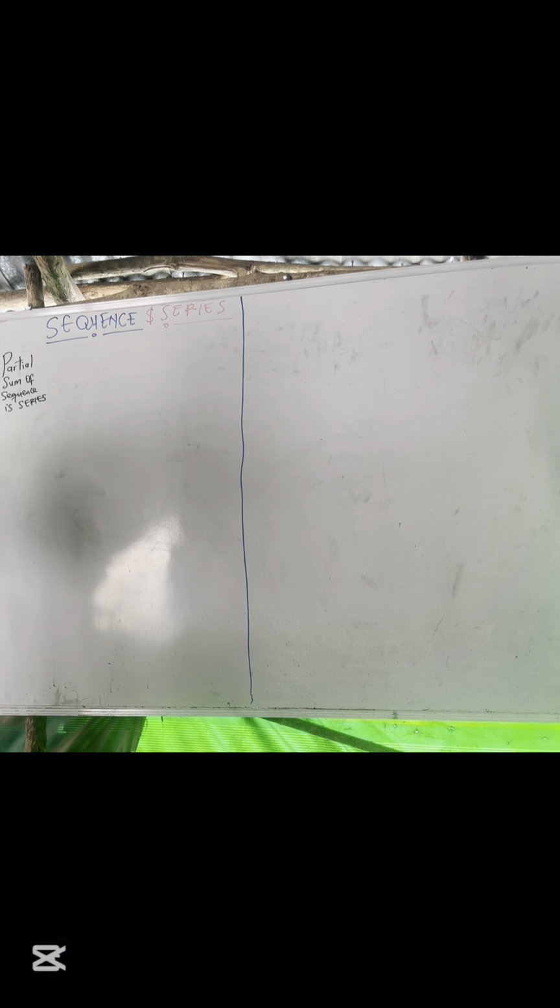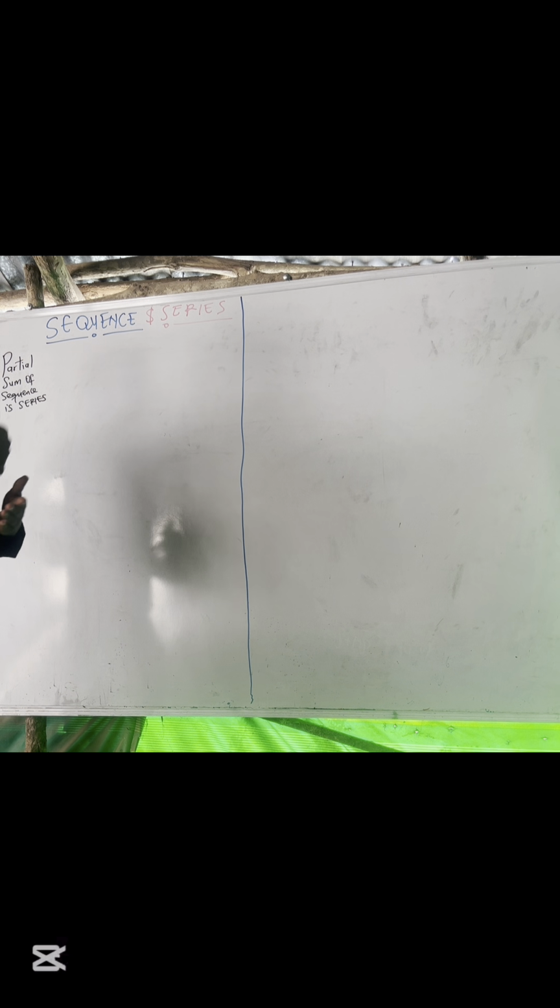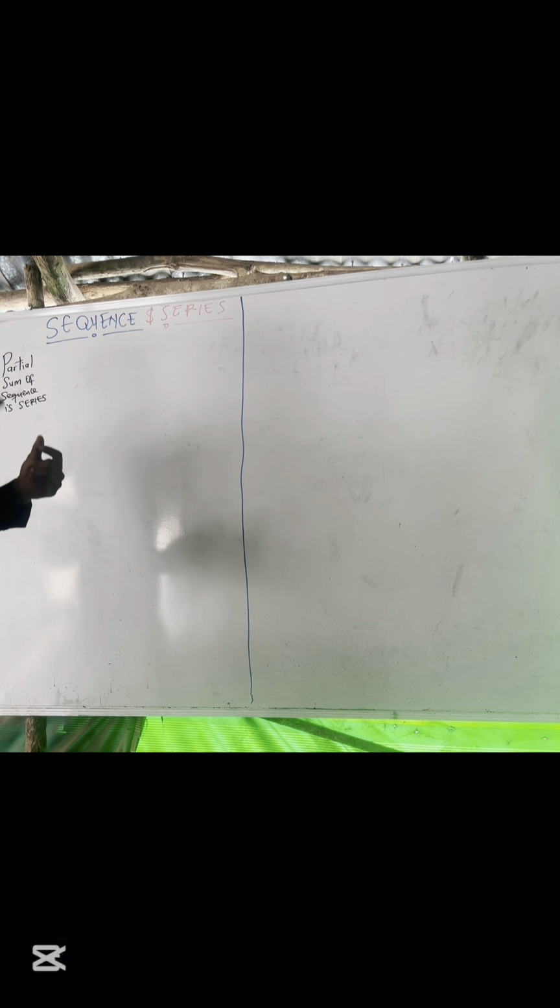So that is that. So sequence simply means numbers arranged consecutively one after the other, in which the next number is gotten from the previous number by a particular rule. So the partial sum of the sequence is what we refer to as what? Series.